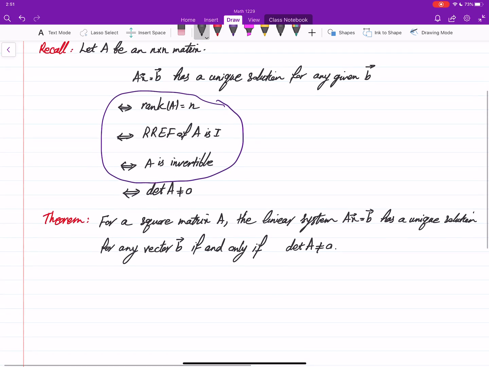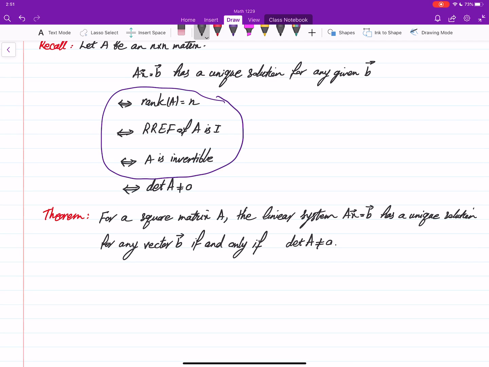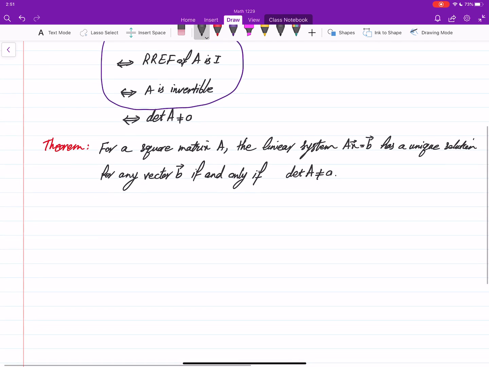That's just a translation of a different thing, but it shows that the determinant can be used in solving a system of linear equations. Well, let us see this in some examples.